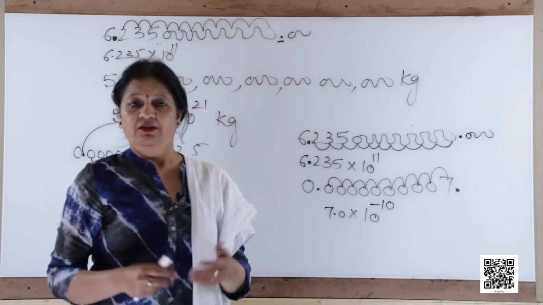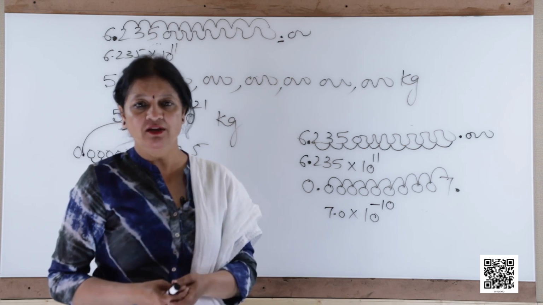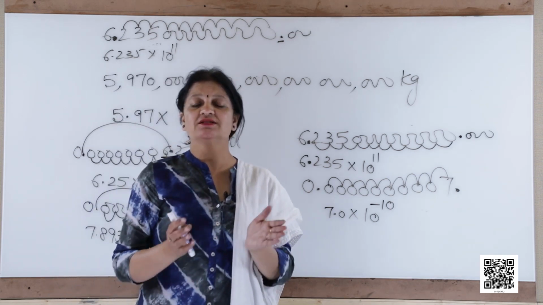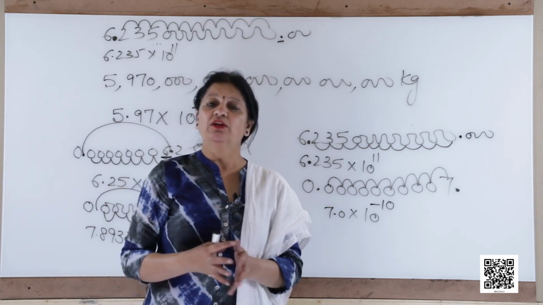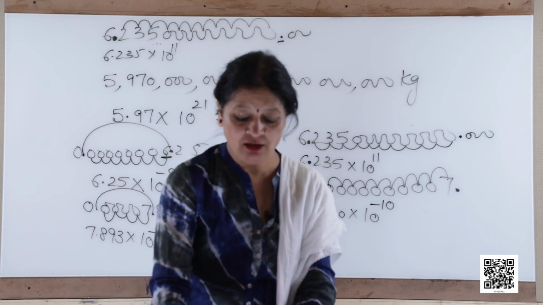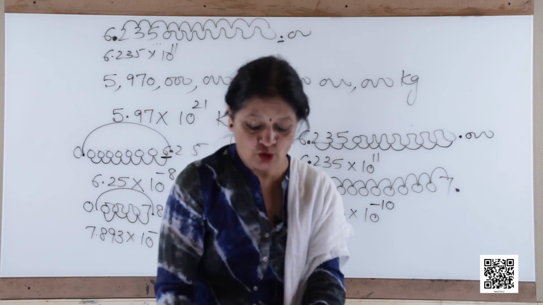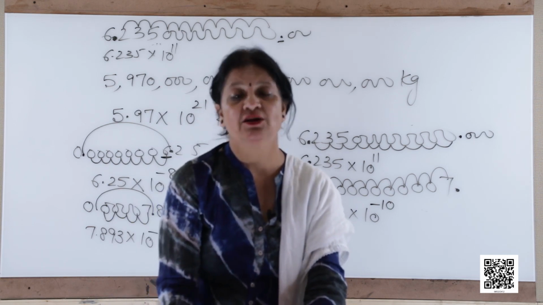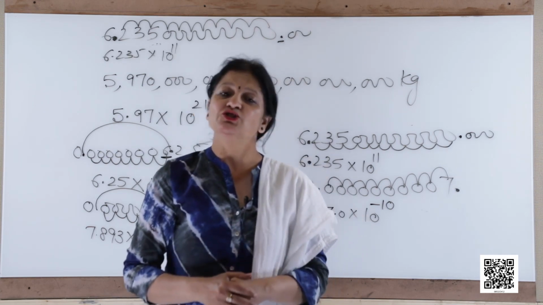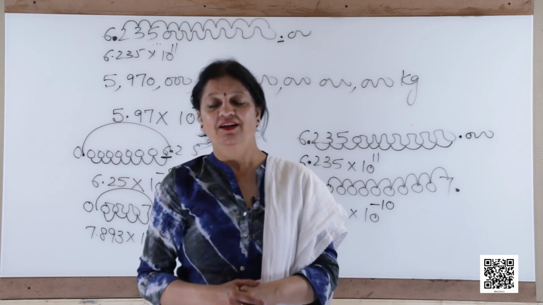So I think this was all for today. This is the end of this chapter, exponents and powers. Thank you very much all. Hope you are all doing well. Please do practice mathematics, because the only way to learn mathematics is to do mathematics. Thank you everyone.